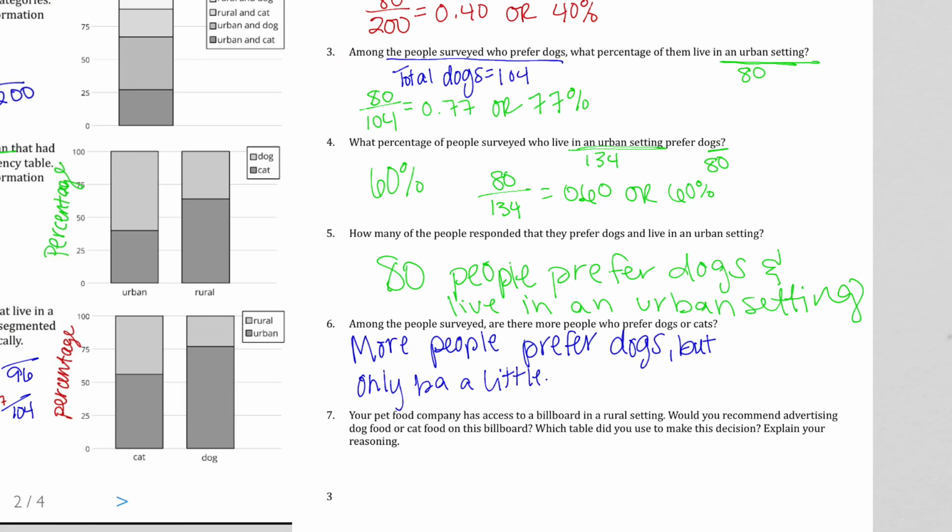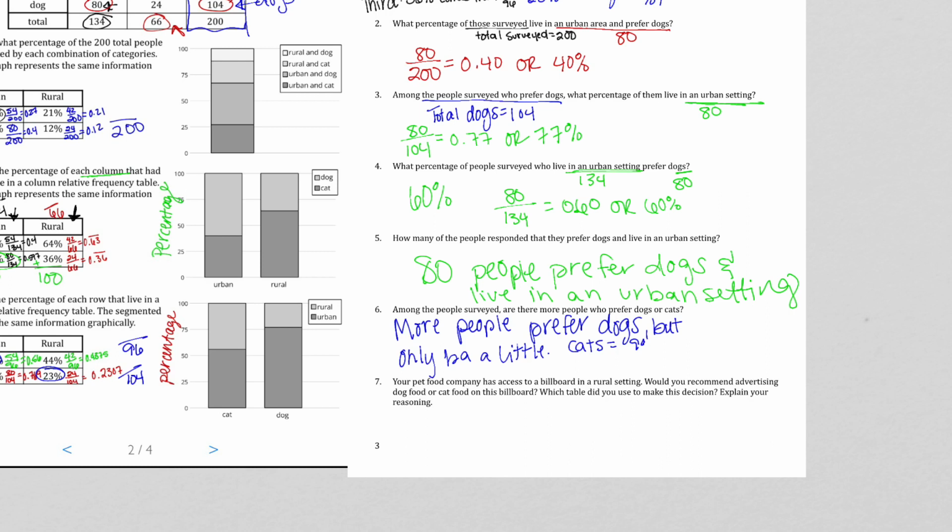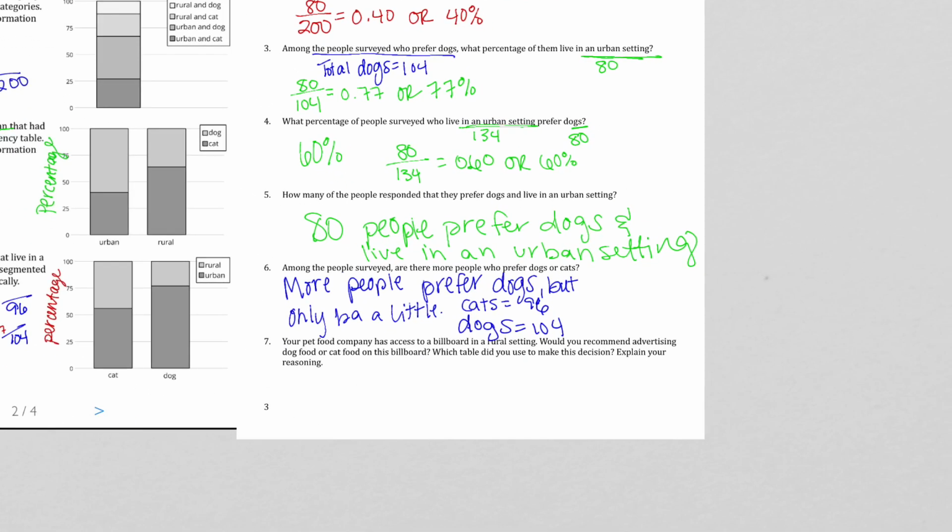Cats was 96, and dogs was 104. So dogs was slightly over 50%. It was about 52% prefer dogs. I got 52% by saying 104 divided by 200.